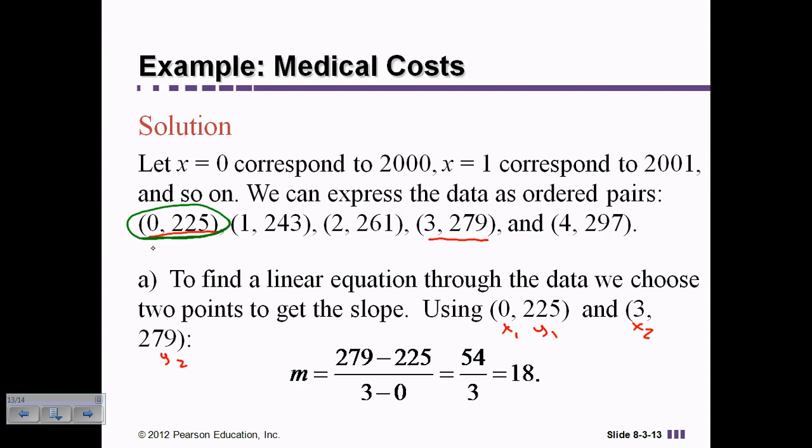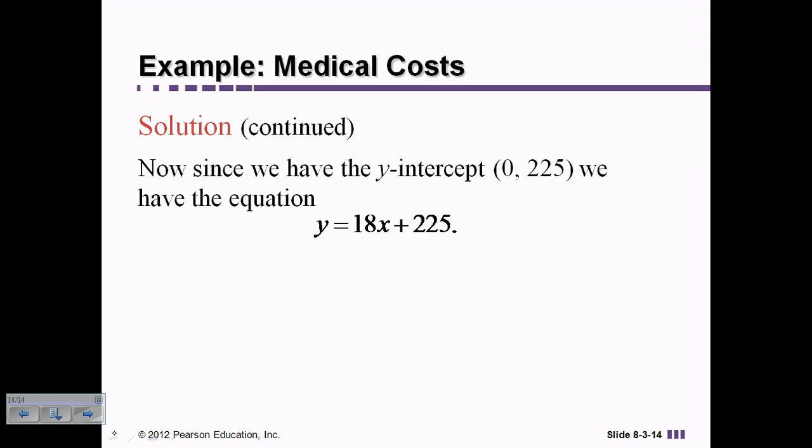Here's our y-intercept right here. So why not, that's our b value, so why not go with our y equals mx plus b formula. I know what m is, 18, b is 225, so now I can plug that in to this formula.